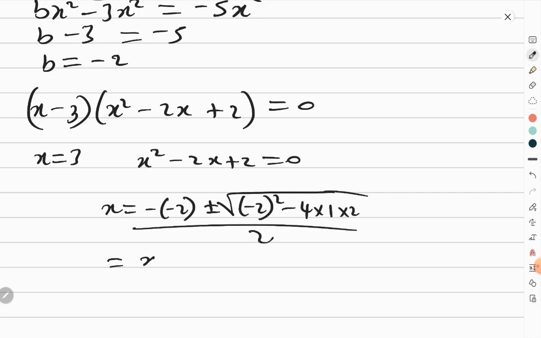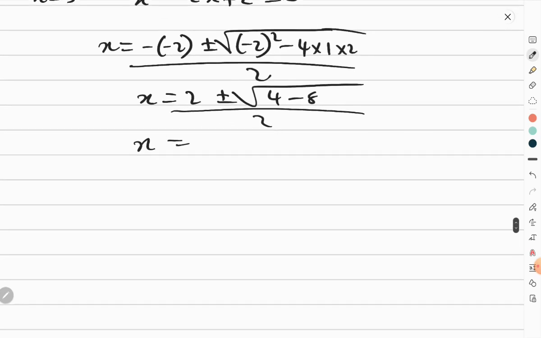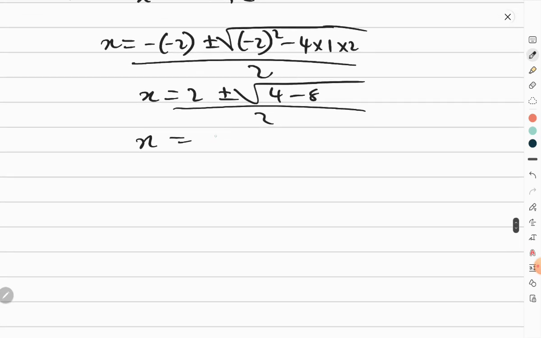So our x becomes 2 plus or minus the square root of 4 minus 8, divided by 2. Then x becomes 2 plus or minus the square root of -4, divided by 2.